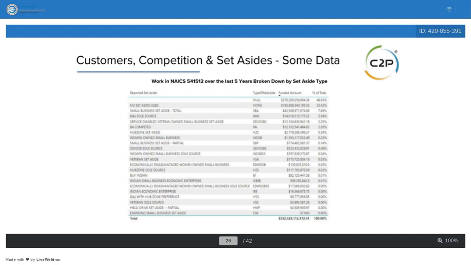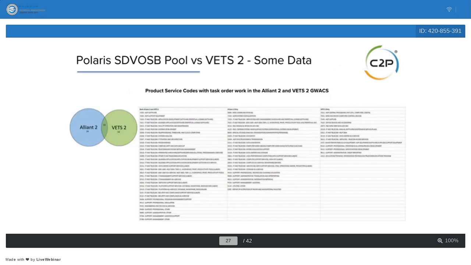And 8(a) is up there. And of course, service-disabled veterans is up there. So you get an idea of just how much money right now is being spent in each of the set-aside areas. It just helps, again, to determine how much money is going there and how much competition you need to worry about by comparing it to the other companies in each area.